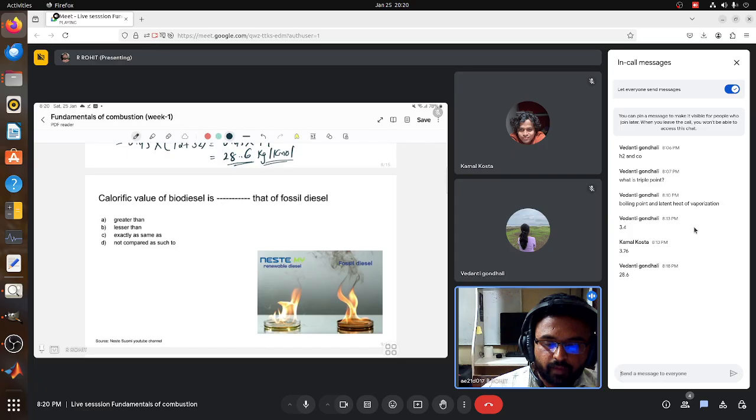If you remember biodiesel, as we discussed a few minutes back in the first hour, the calorific value of biodiesel, is it greater than, lesser than, or exactly the same as fossil diesel? What could be the answer? You just think about it and let me know. Fossil diesel is your regular diesel that you get from the world.